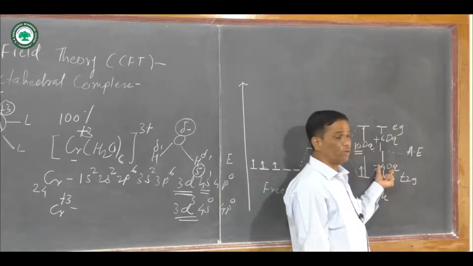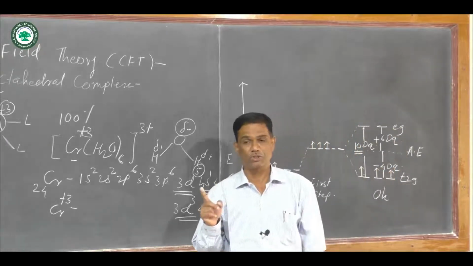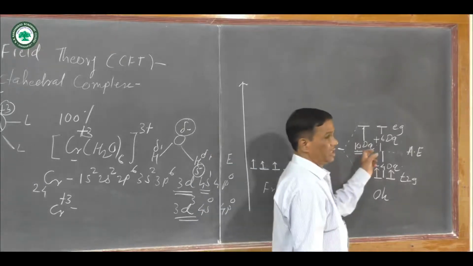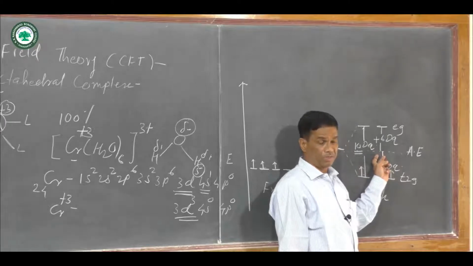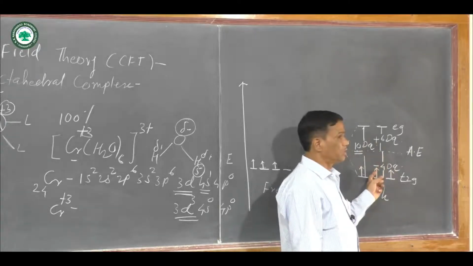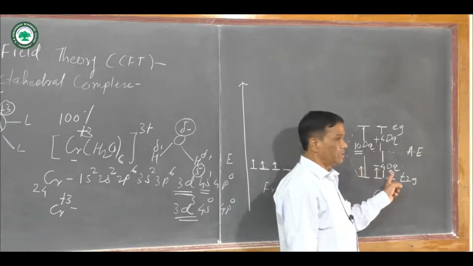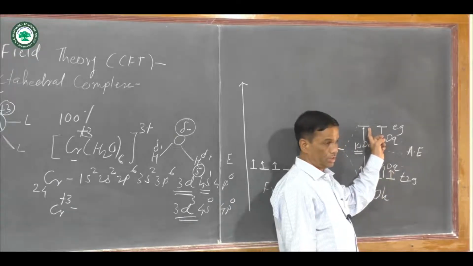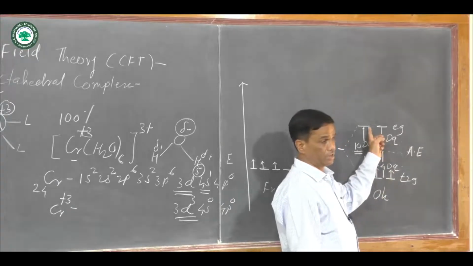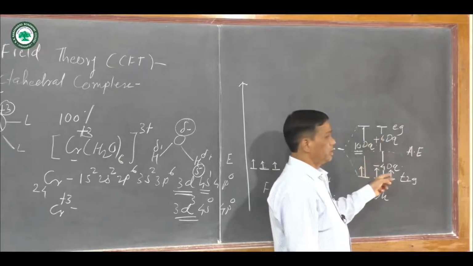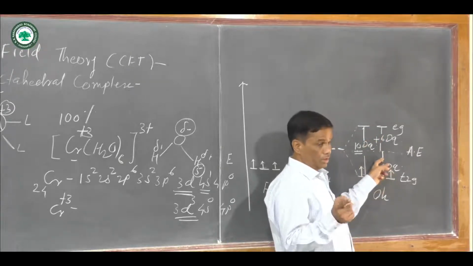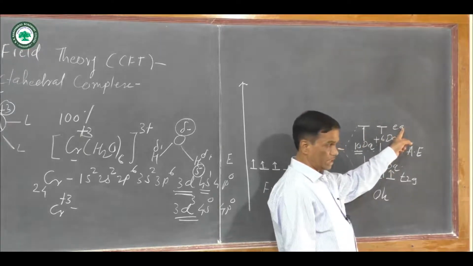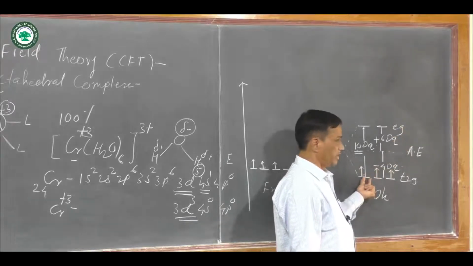When the distance is more, the complex is known as a strong field complex, and when the distance is less, the complex is known as a weak field complex. In a weak field complex, the electrons are easily promoted to the excited state, meaning a higher energy level, and then pairing starts. When the field is strong, in place of going to the Eg orbitals, meaning higher energy, the electrons start pairing here.